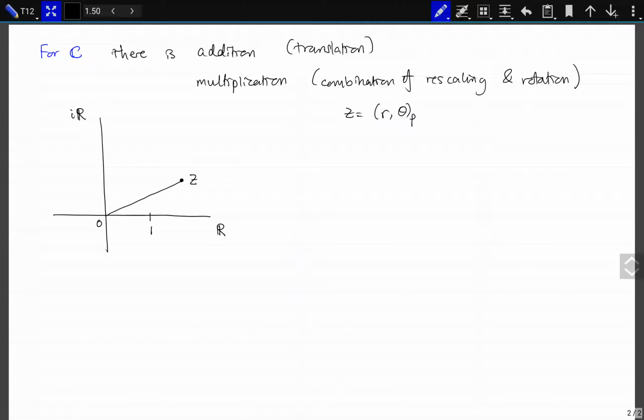You can think about this position z itself as addition of this vector from 0. But maybe it's clearer if I give you another vector w, and we compare what z plus w equals.